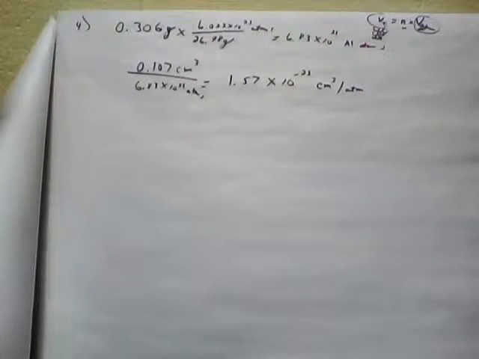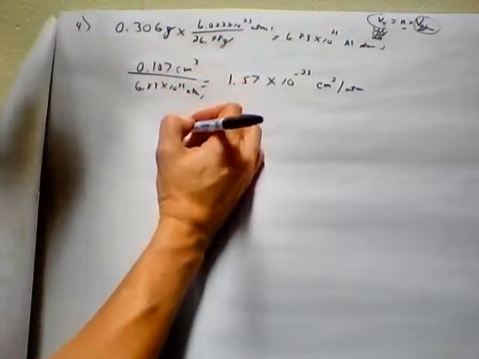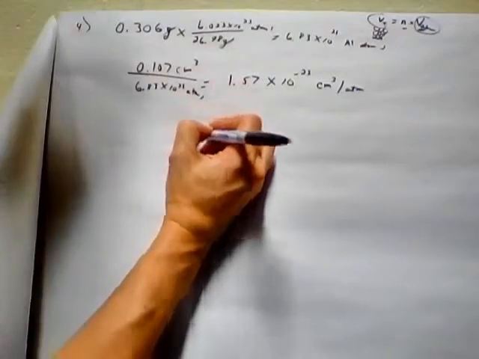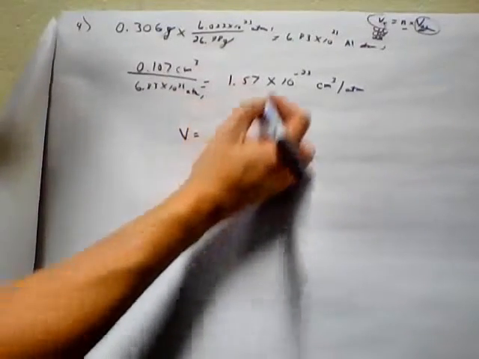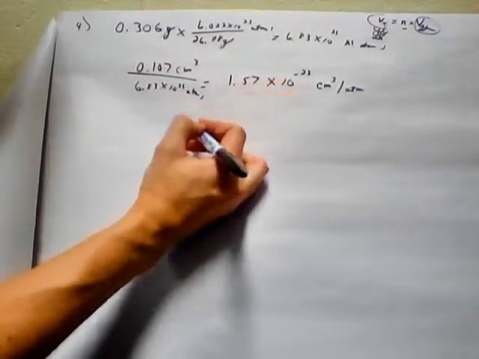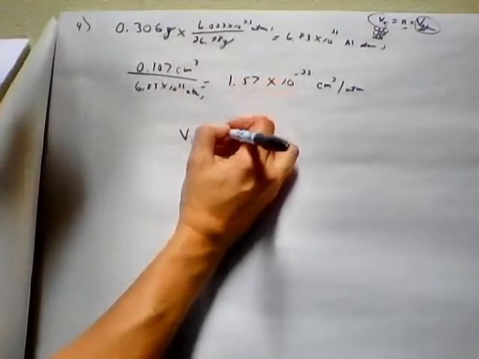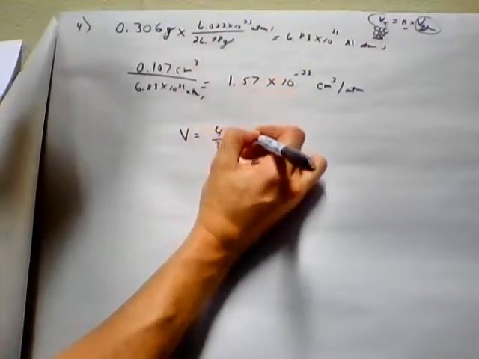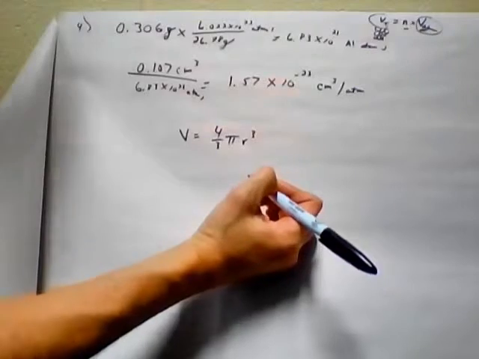Okay, so moving on to number 5, radius of aluminum atom. Again, assuming all of our atoms are perfect spheres, we have the volume of a single atom right here, so we'll plug that in. This equals 4/3 pi r cubed. Let me show you the algebra first.